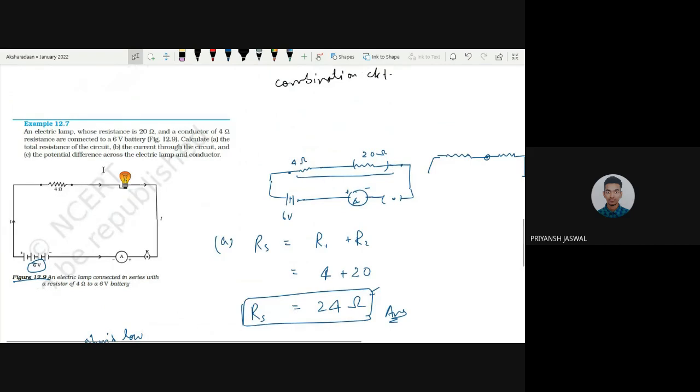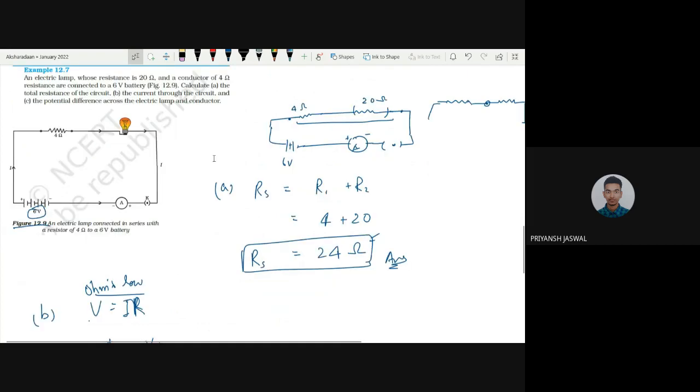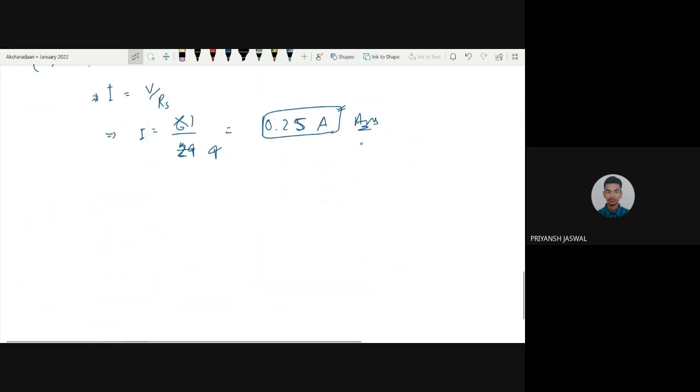Now the C part, they have asked to calculate the potential difference across the electric lamp and conductor. In this C part, the task is to calculate potential across conductor, let's say it's V1, and potential across the lamp, let's say it is V2.